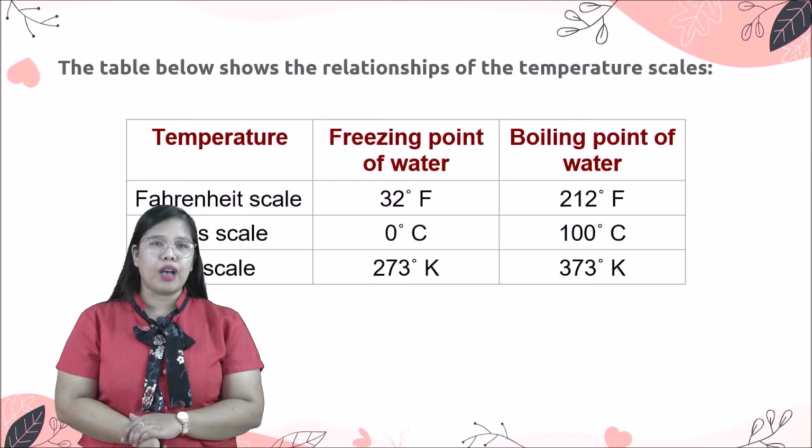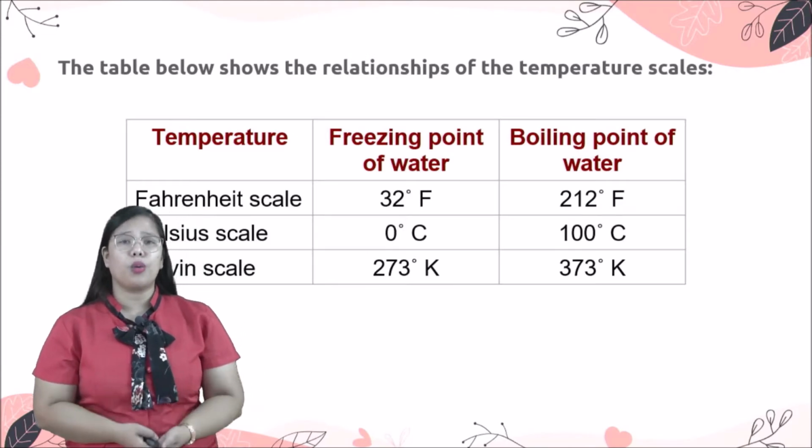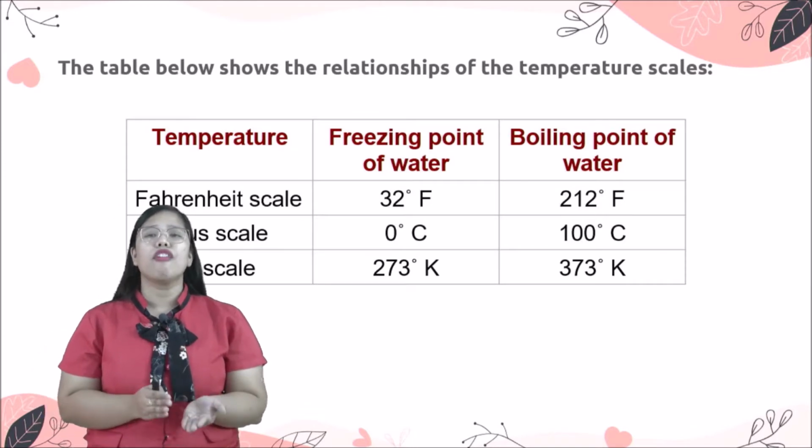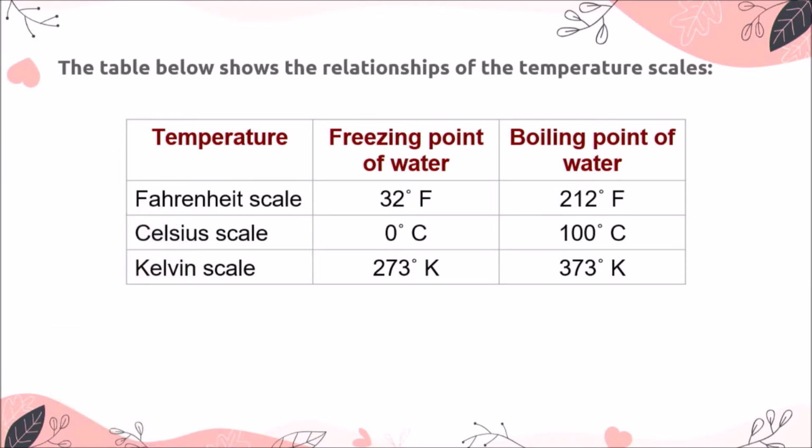So, let's have now the table below. The table below shows the relationship of the temperature scales. We have the Fahrenheit scale, Celsius scale, and Kelvin scale. For the freezing point of water, for Fahrenheit we have 32 degrees.